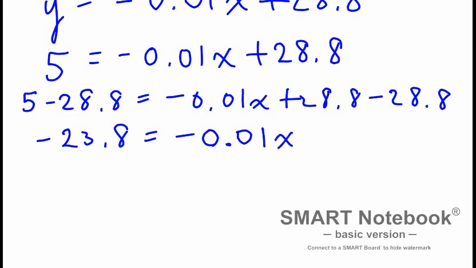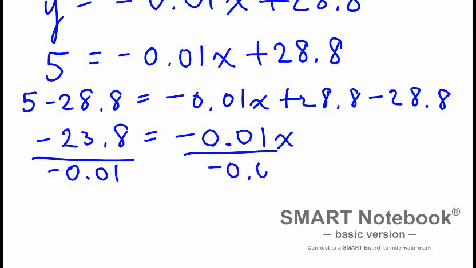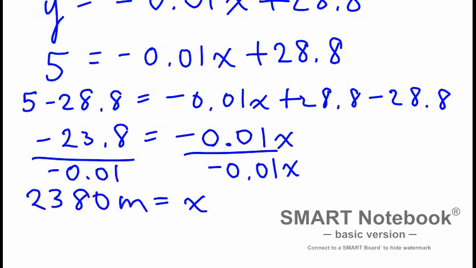Okay. And then I divide both sides by negative 0.01. And we end up getting our value for x, and our value for x is 2,380 meters. Remember, we were trying to figure out an altitude.